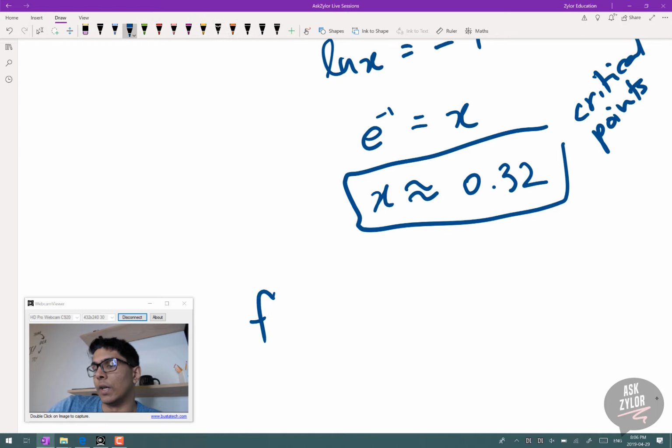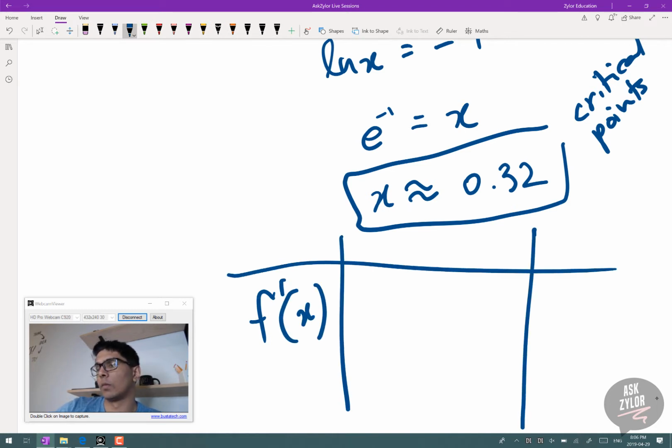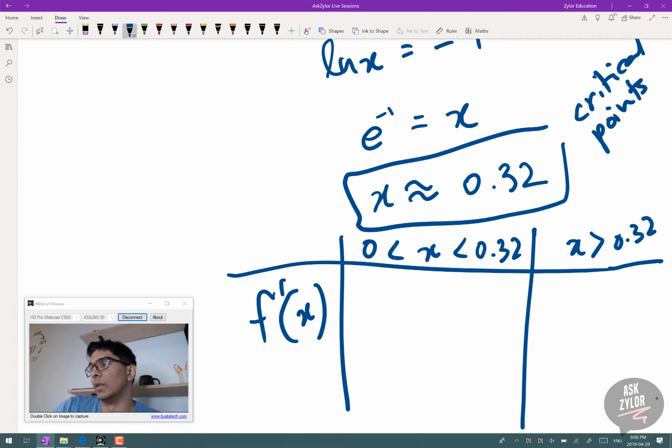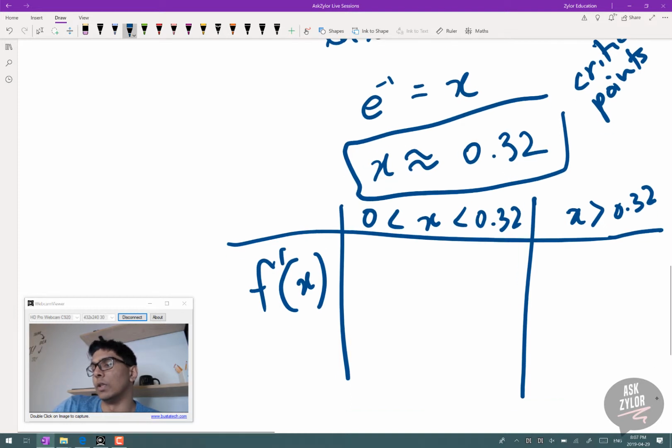I can find out what my derivative is when x is greater than 0 and less than 0.32, and when x is greater than 0.32. So I can just plug in a value between 0 and 0.32 into my derivative function.